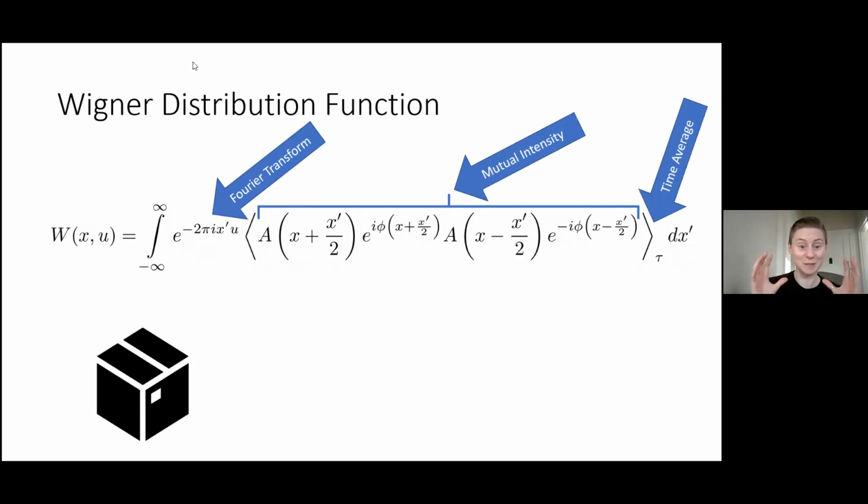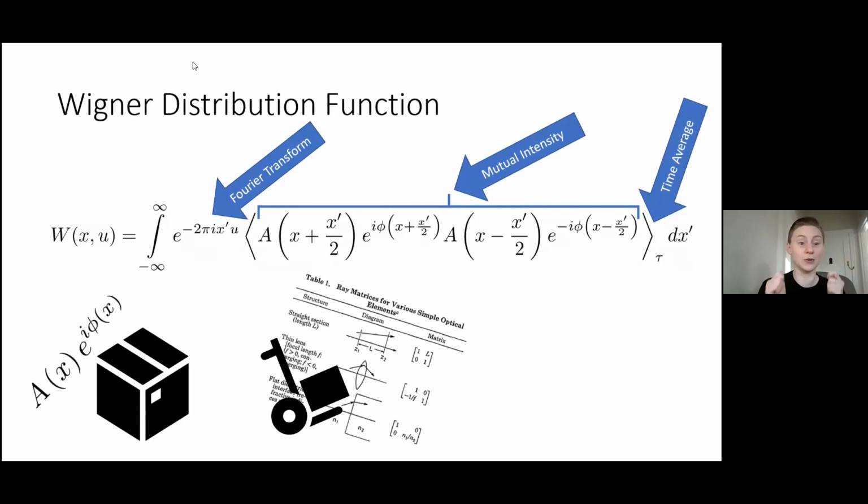And it's a really good box, because it lets you put an electric field into the box, and this big nasty equation just tells you how to pack the box. But once it's inside the box, you can move it through the scene really easily. You can just use ray optics to propagate the Wigner distribution function through free space or through optical elements.